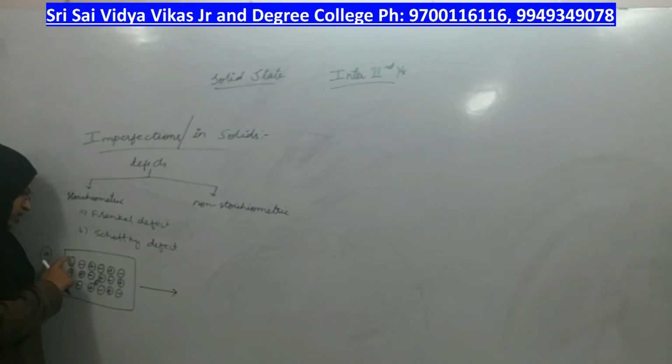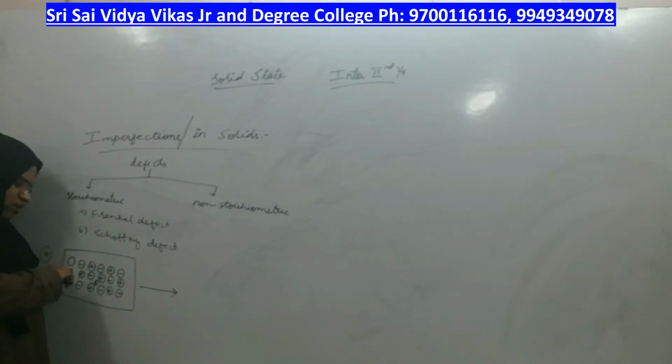So, actually the expected place of the cation was supposed to be here, its lattice point is here, but it is coming out from its point and accommodating somewhere in between in the interstitial position, and only a cation can do so, an anion cannot do so. Why? Because the size of the anion will always be larger than the cation.